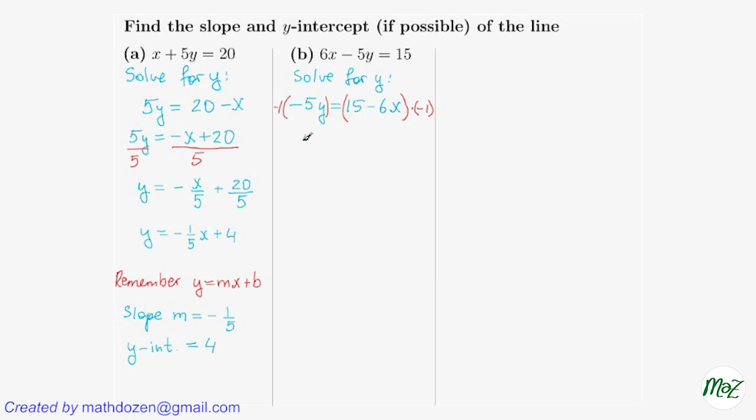That will give us 5y is equal to negative 15 plus 6x. After that, I will rewrite it as 5y is equal to 6x minus 15. Then I will divide both sides by 5 to get y by itself.